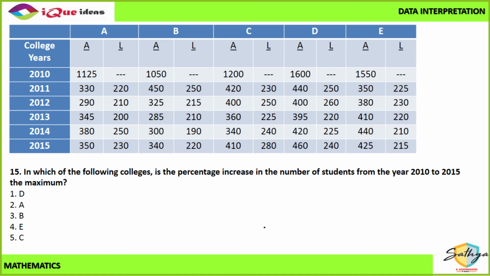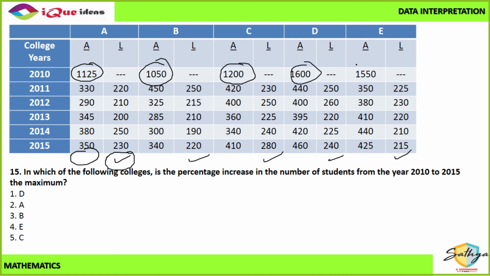For all 5 colleges, you have to first calculate the increase in the number of students from 2010 to 2015. That means addition of all these numbers and from that subtraction. So the number which comes here, you have to calculate for all 5 and then compare it with the initial number to see maximum percentage wise increase is in which.